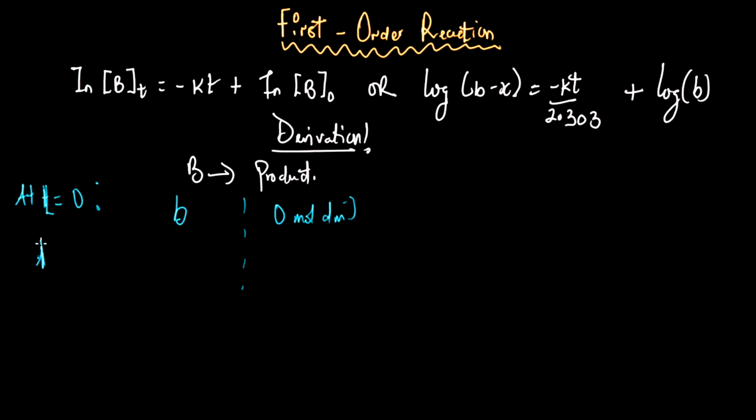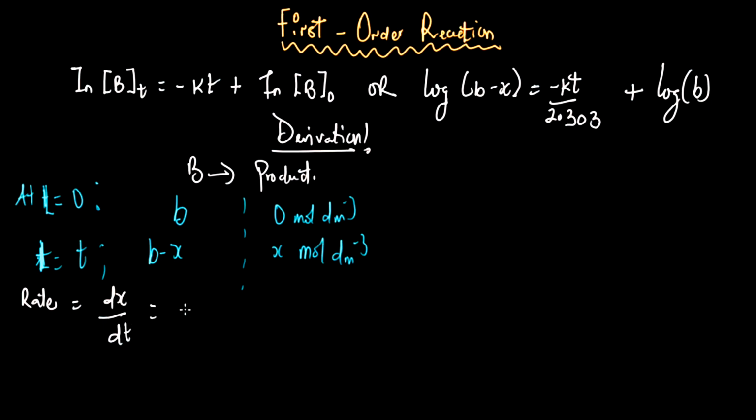At time equals t, we have B minus x, and we have x mole per dm cubed for the product. So we can therefore write the rate of the reaction in terms of the concentration of the product as dx/dt equals what?